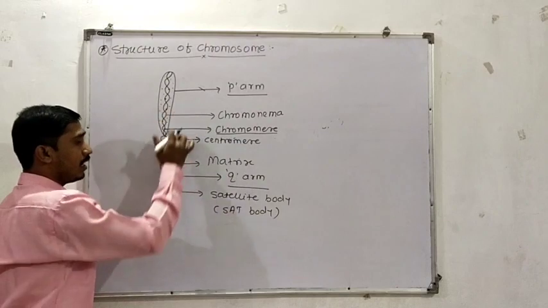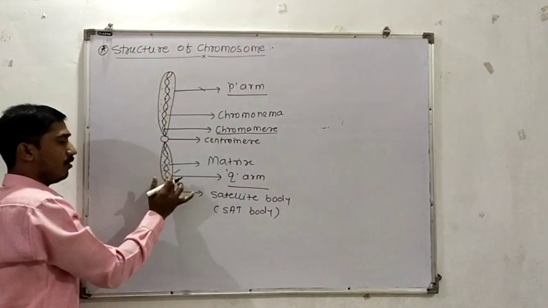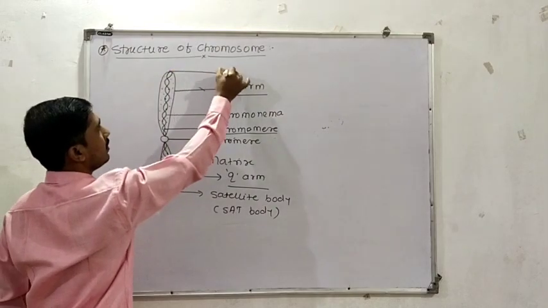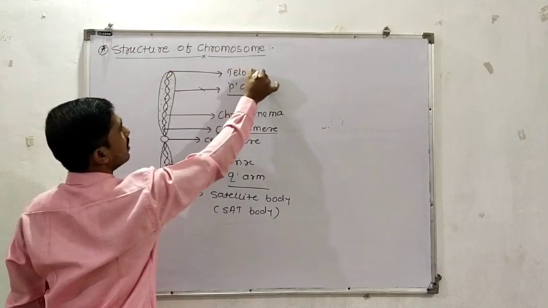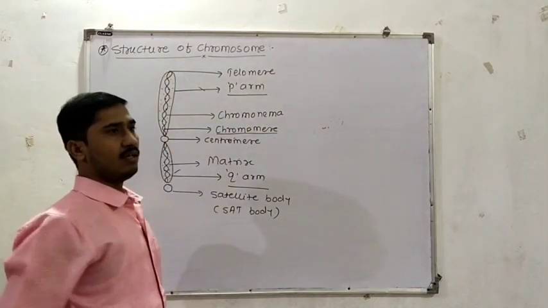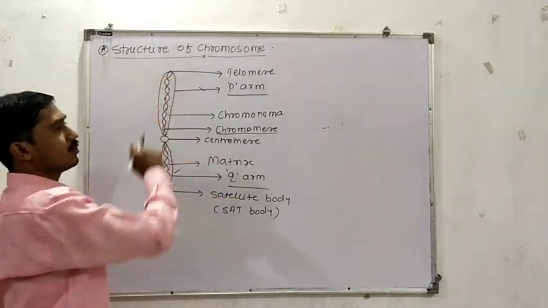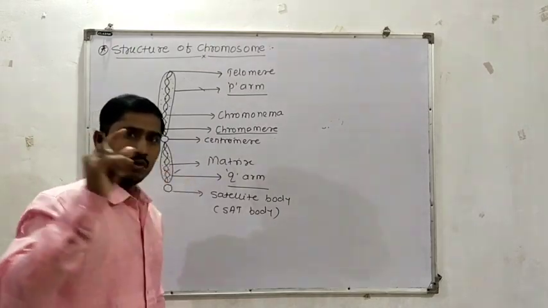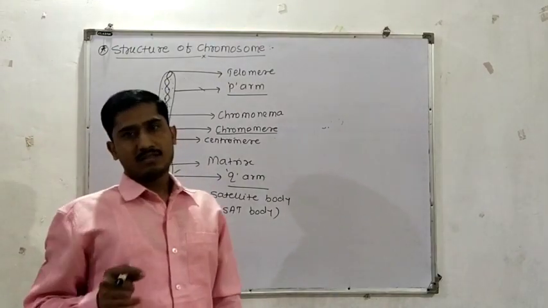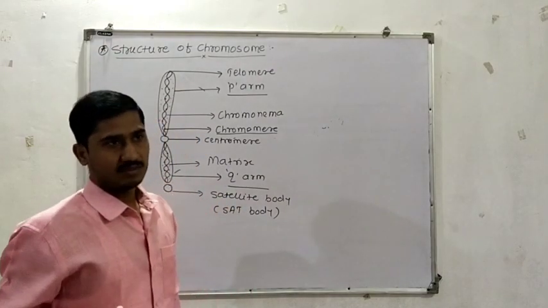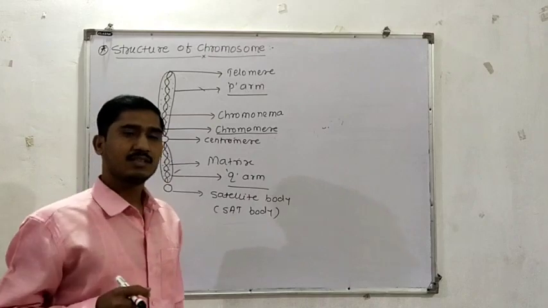Then, the end of the chromatid, this end or this end, is called the telomere. This is a very important part of the chromosome. Why? Any organism has many chromosomes in its nucleus, like us, 46.